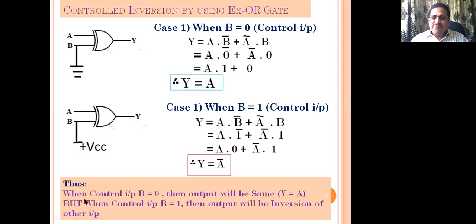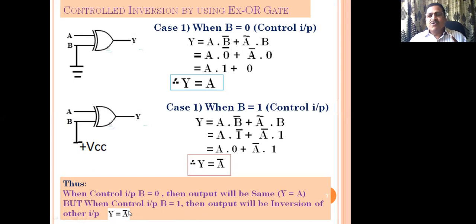Thus, what we found is, when the control input B is at logic 0, the output will be the same, that is Y equals A, that of the remaining input. But when the control input is at logic 1, then the output will be the inversion of the remaining input. That means if B is at 1, Y equals A bar, an inverted output.